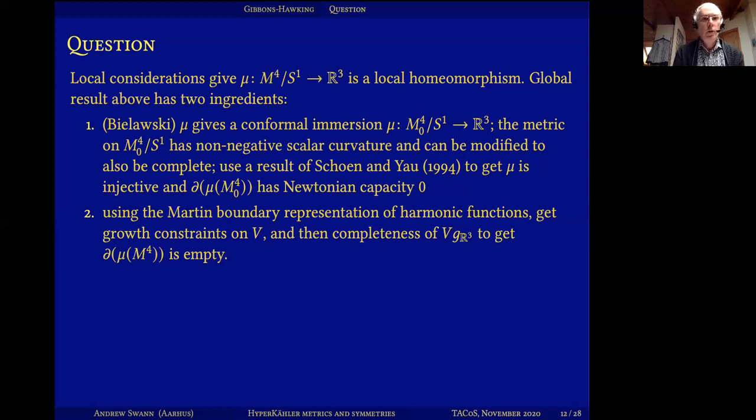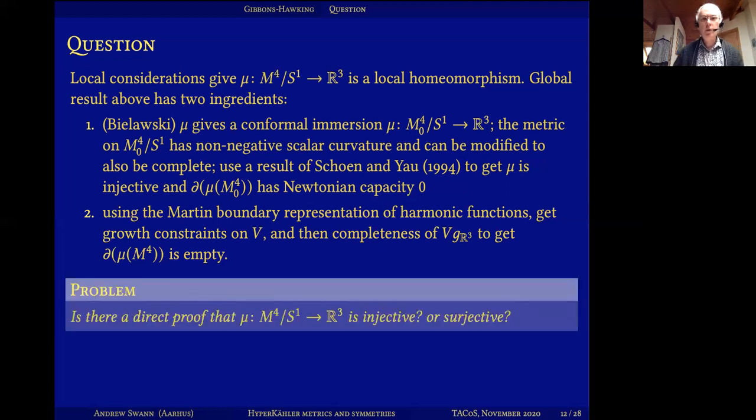So that feels like a very indirect way to prove these statements. It uses some very general Riemannian results that are rather deep. And after the first line or so of the construction, which is really the Gibbons-Hawking input, there's not really much hyperkähler input in this proof.